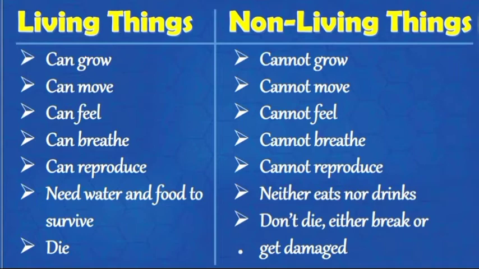Non-living things cannot grow, they cannot move, they cannot feel, they cannot breathe, they cannot reproduce, and they neither eat nor drink. They don't die, but they either break or get damaged.